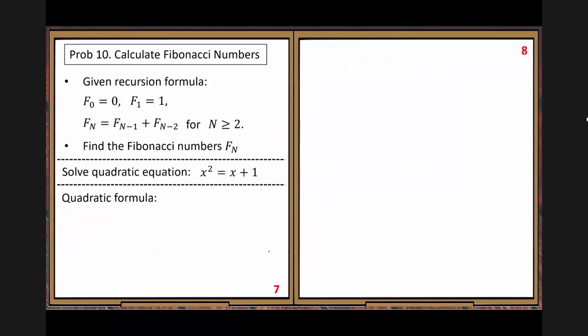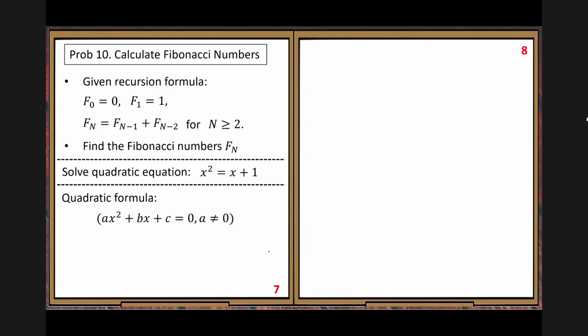So the next step, we want to solve this quadratic equation. Let's apply the quadratic formula. The standard form of the quadratic polynomial is ax squared plus bx plus c, a not equal to 0.